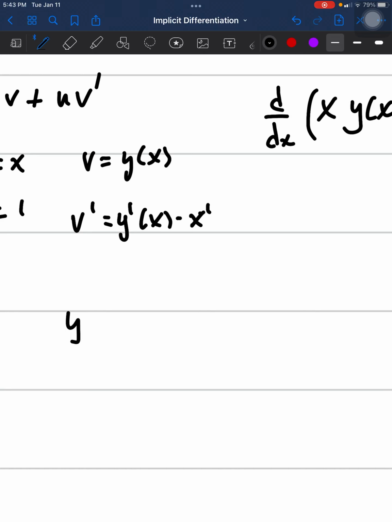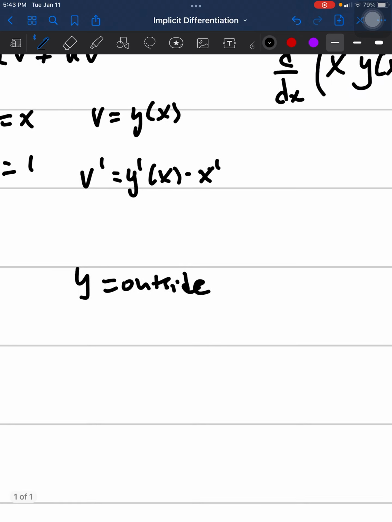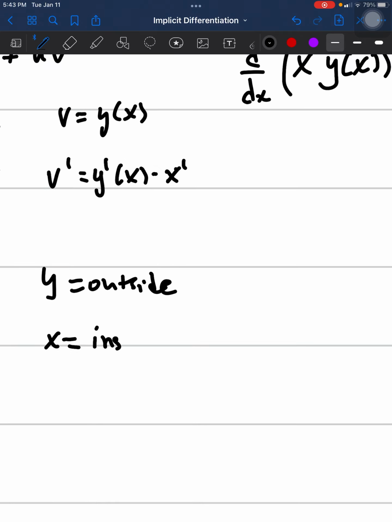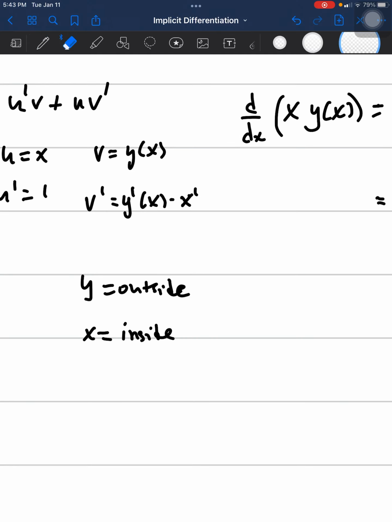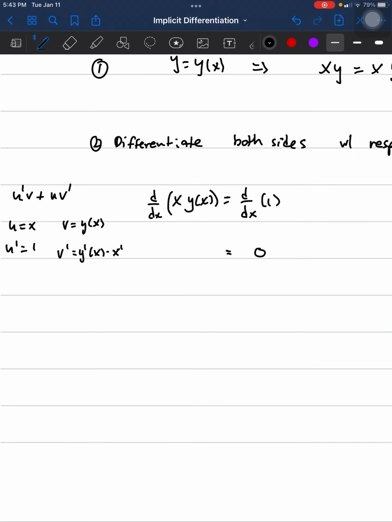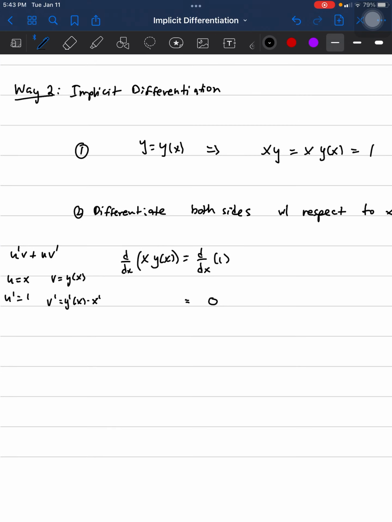You see that there's two different functions, an outside function and an inside function. Y is the outside function, and the x is the inside function. One thing about implicit differentiation is that the chain rule is going to be involved in implicit differentiation as well.